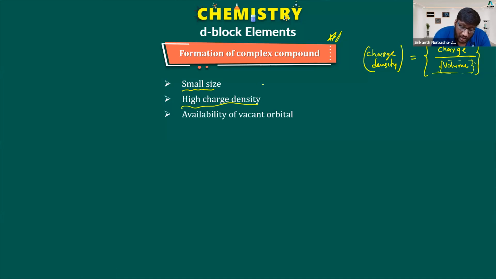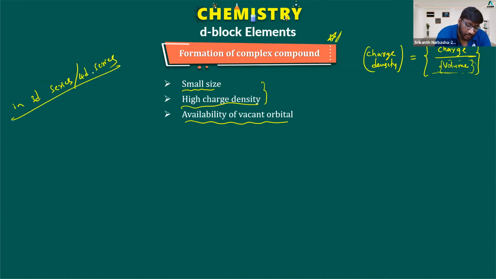And along with these two, small size and high charge density, there is an availability of vacant orbitals. In the 3d series or 4d series, the vacant orbitals are available which can accept electrons from the ligands.